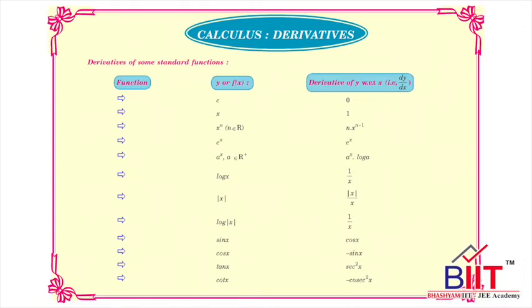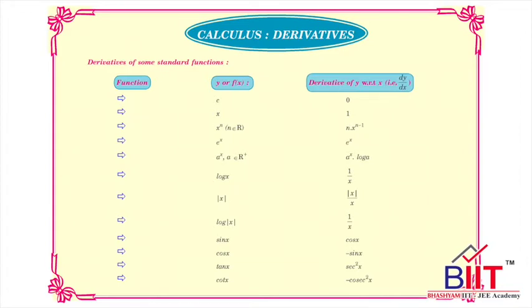Whereas for x the derivative is 1, and for x power n the derivative is n into x power n minus 1. And for e power x the derivative is e power x, we will find it on the board. And for a power x the derivative is a power x into log a to the base e. And for log x to the base e the derivative is 1 by x.